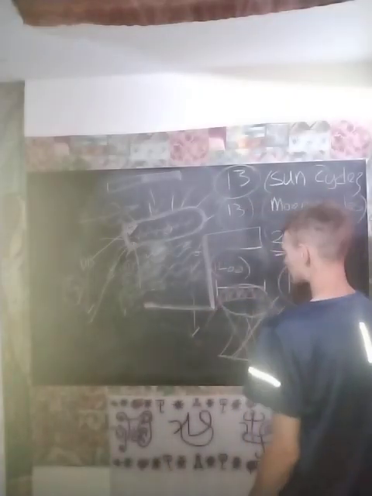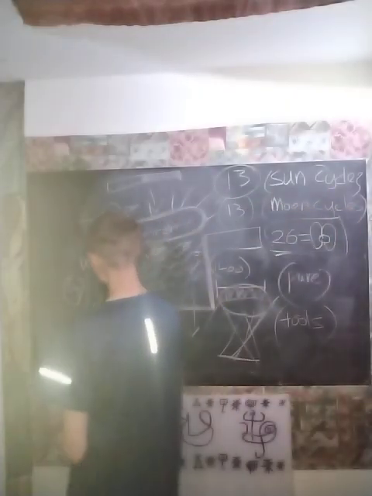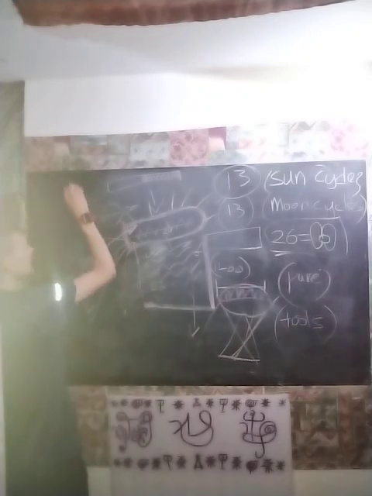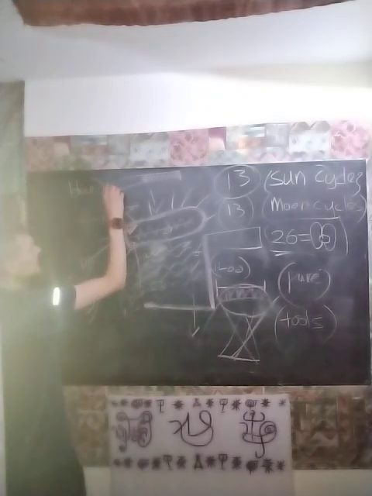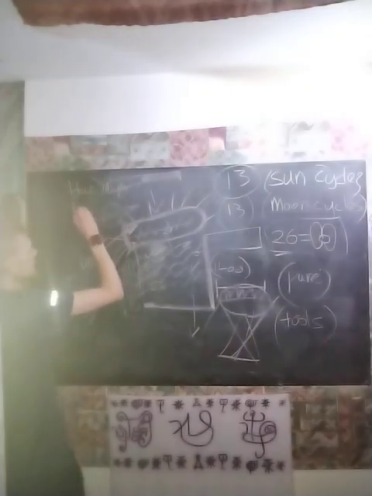Why is the 13 months with the sun cycle and the moon cycle so important? Well, you know plants take in blue light, yes? And we understand that blue light is smaller than red light, yes? But it's technically not true.